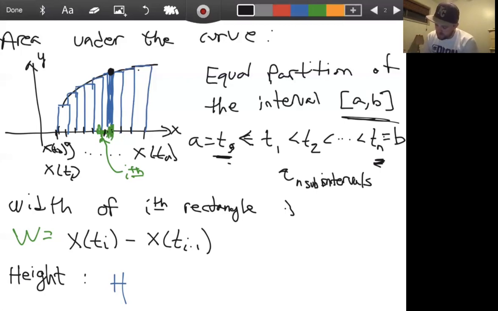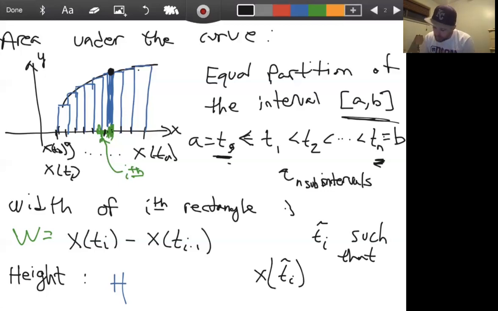Let's say that there's ti tilde such that x of ti tilde is between x of ti minus 1 and x of ti, right?